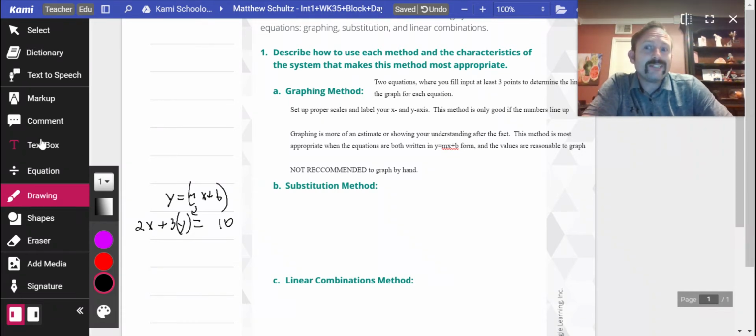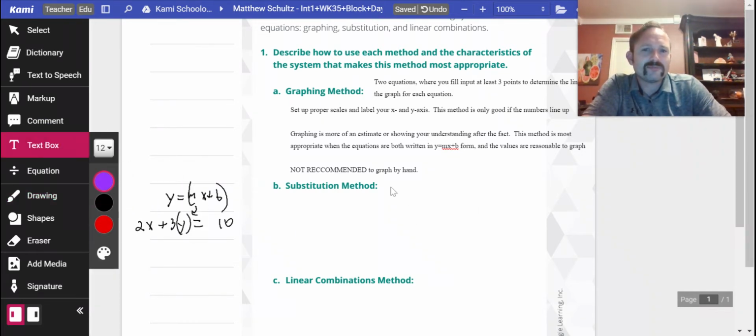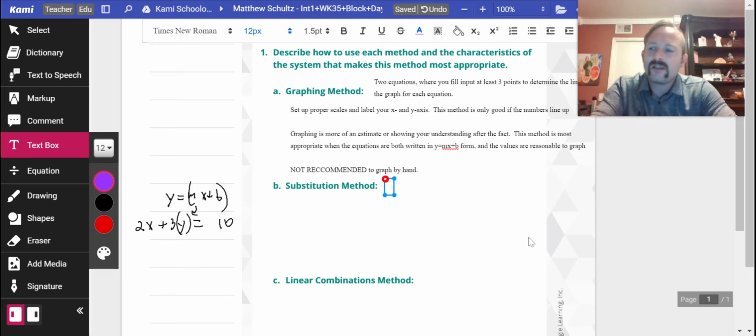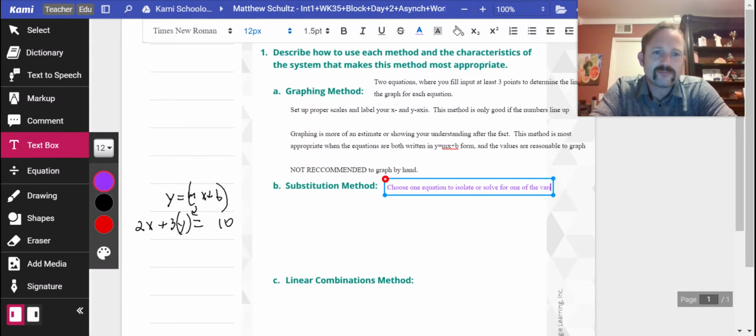But if we didn't have that, let's choose purple so that you understand it's a different one. If it wasn't isolated already, you would choose one equation to isolate, or solve for one of the variables. So that's the first equation.